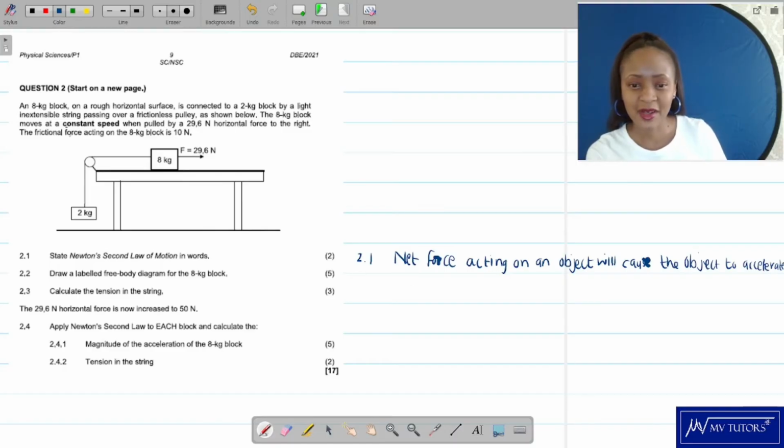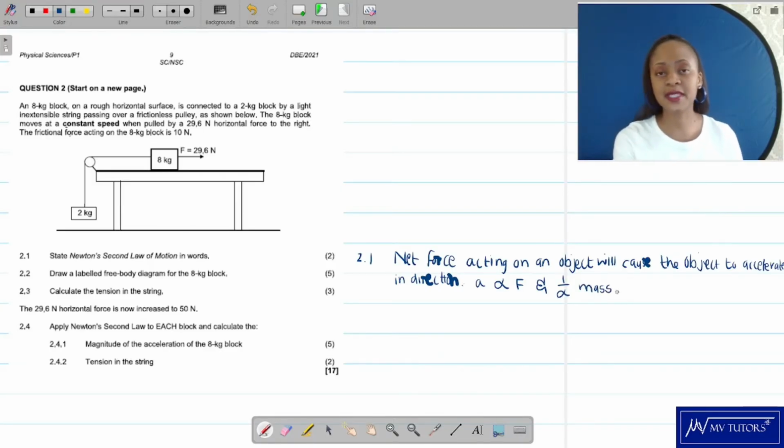Okay, the net force acting on an object will cause the object to accelerate in its direction. Why does it do that? Okay, and then that acceleration, I'm just going to use symbols now. The acceleration is directly proportional to the force, and it is inversely proportional to the mass.